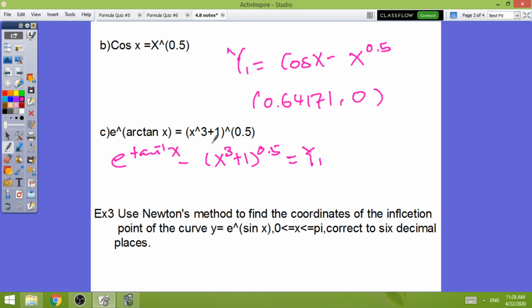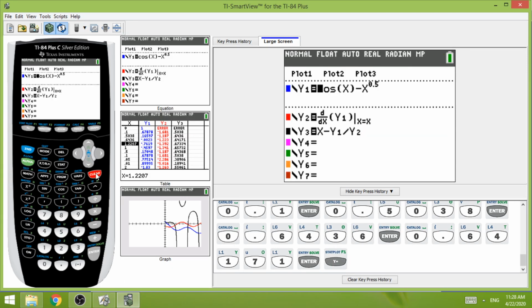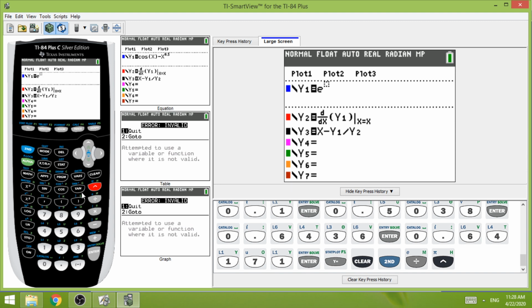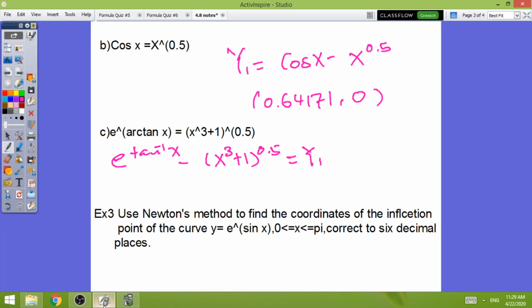And this one also can do that too. So e to the power of inverse of tangent. It's a little bit complicated for this one, so let's just put it in carefully. So second, base e to the power of inverse of tangent of x. So second tangent, and then x. Bring the cursor back down here. Let's see what else that involves.